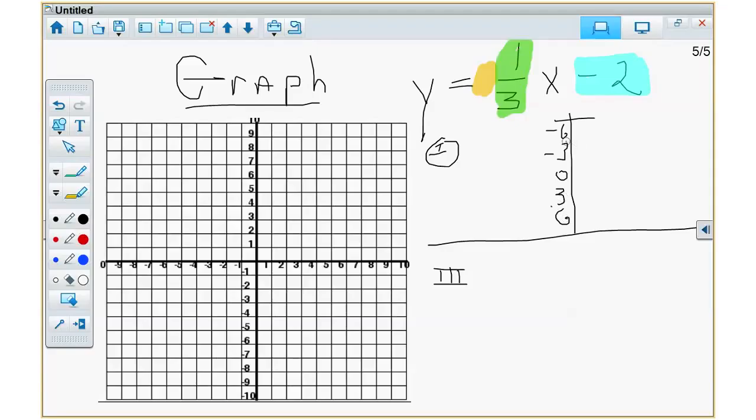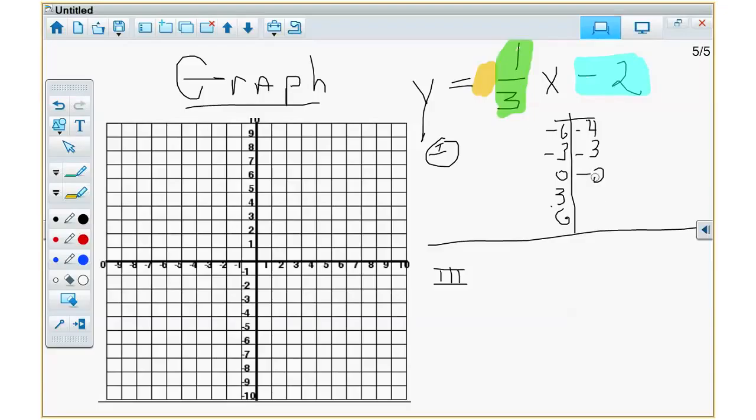All right, what's -6 divided by 3? -2, minus 2? -4. What's -3 over 3? -1, minus 2? -3. 0 minus 2?